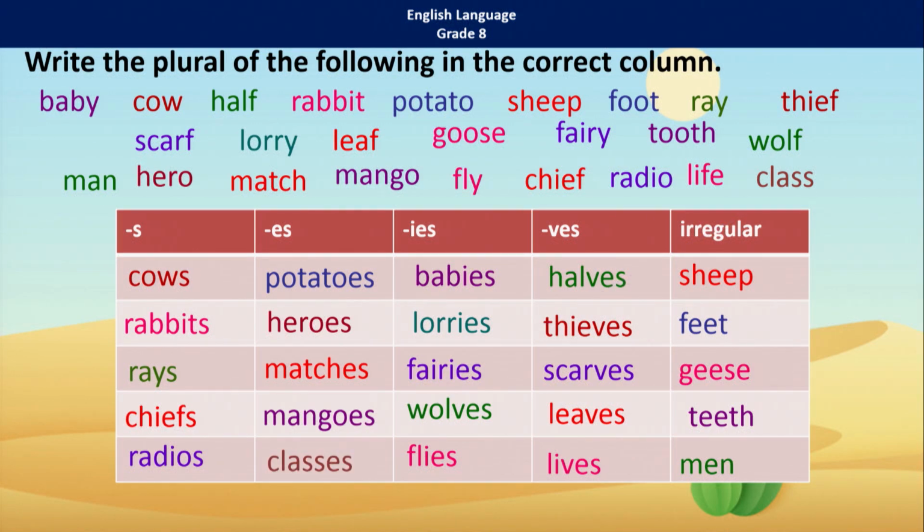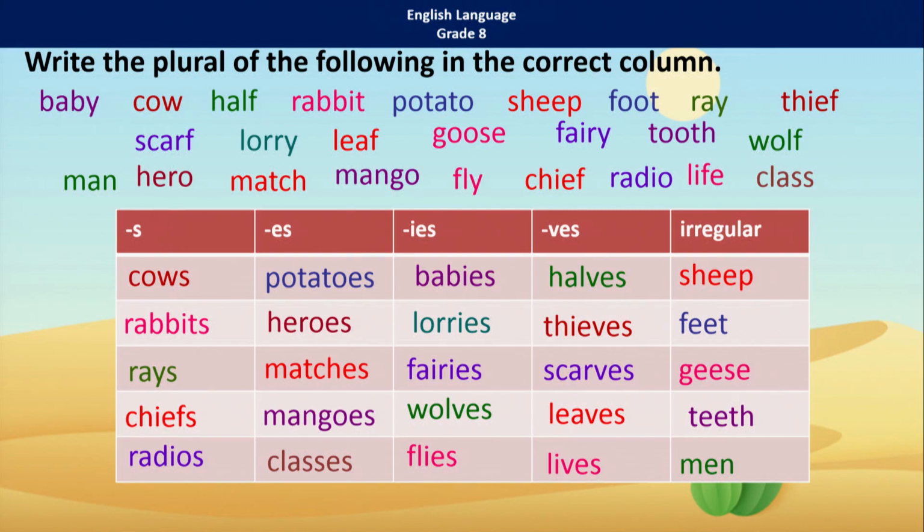Okay, children, let's read the words once again. Cow, cows. Rabbit, rabbits. Ray, rays. Chief, chiefs. Radio, radios. Potato, potatoes. Hero, heroes. Match, matches. Mango, mangoes. Class, classes. Baby, babies. Lorry, lorries. Fairy, fairies. Wolf, wolves.